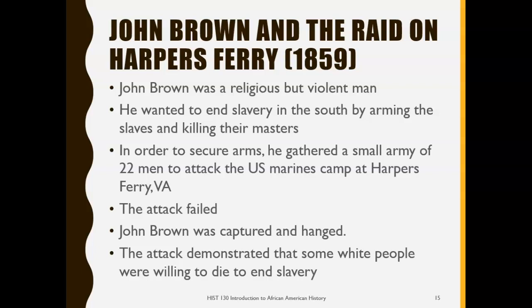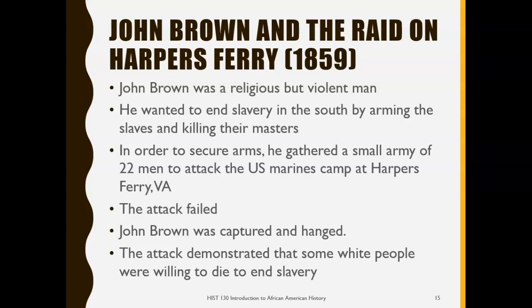So he wanted to end slavery in the South by arming the slaves and killing the masters. To achieve this plan, he gathered a small group of 20 men to attack the U.S. military base at Harper's Ferry. The attack failed, so they didn't succeed in getting the weapons they needed.